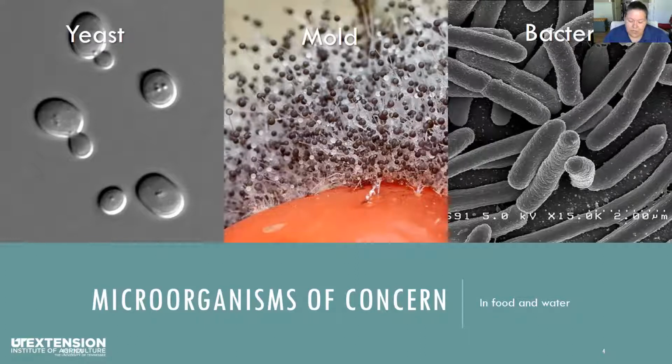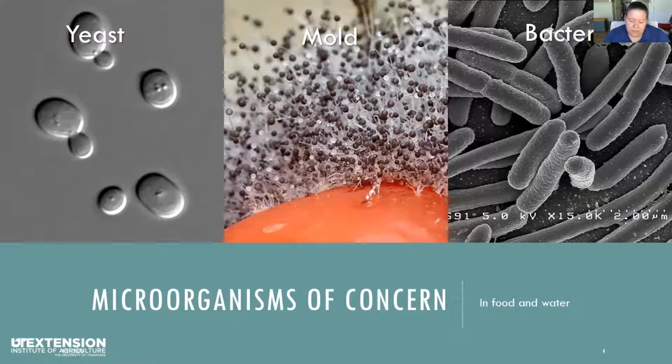They help in the production of bread and wine and coffee and cocoa, some olives, some pickles, sauerkraut, things like that. But it can also contribute to the spoilage of the food.